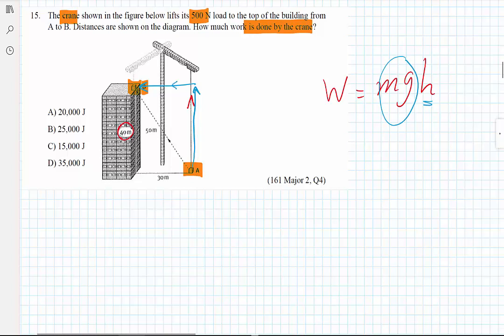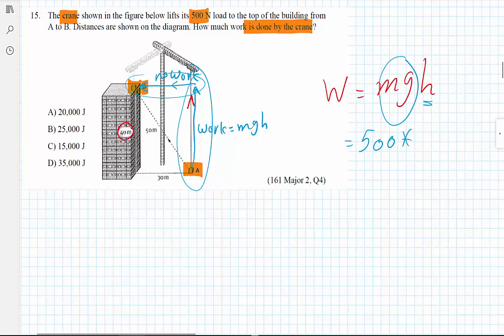But in the second part, when it moves horizontally, there is no work here, because the force is upward while the motion is horizontal. And we remember, and we discussed it in the class, that if the force and distance are perpendicular to each other, the work at this time is 0. So there is no work in this part. The work is only the vertical work, the vertical motion part, and it's m times g times h.